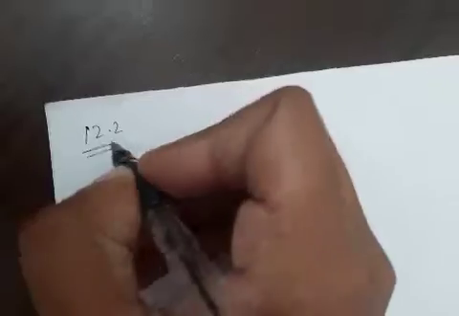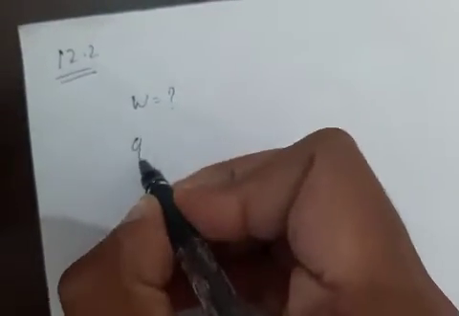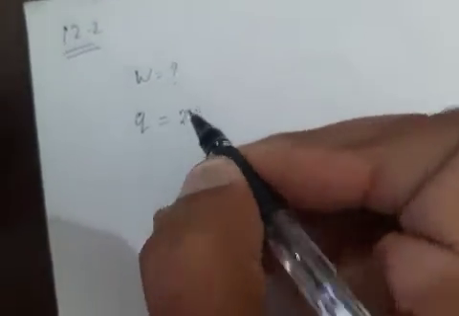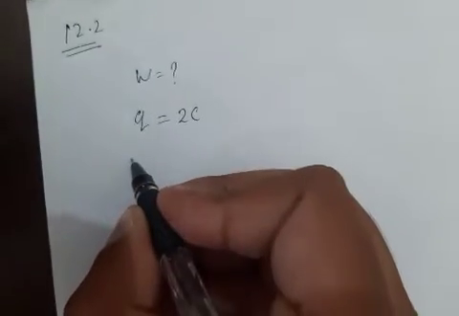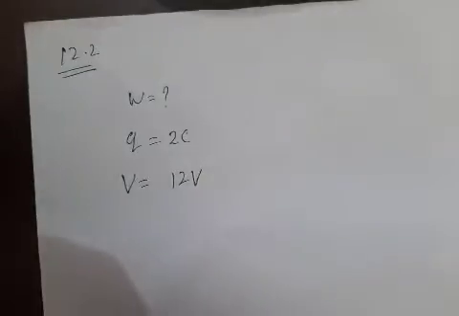Now see a solved problem from the NCERT textbook, 12.2. The problem is: how much work is done in moving a charge of 2 coulomb across 2 points having potential difference 12 volt?